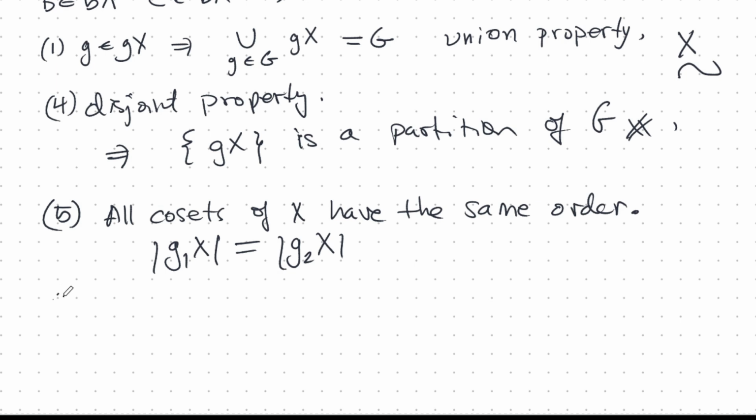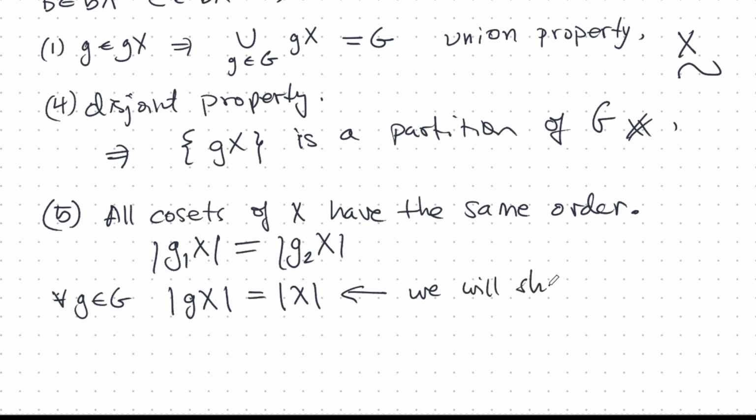We're going to show that for all g in G, the order of gX is equal to the order of the subgroup X itself. And this implies the previous statement, of course.